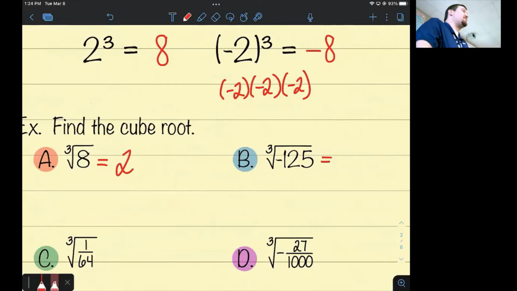The cube root of negative 125. Negative 5. I think you were forgetting the negative sign. Remember, it's possible you can have a negative cube root, right? It's okay to have a negative sign underneath the cube root symbol. Negative 5 times negative 5 times negative 5 would give me negative 125.